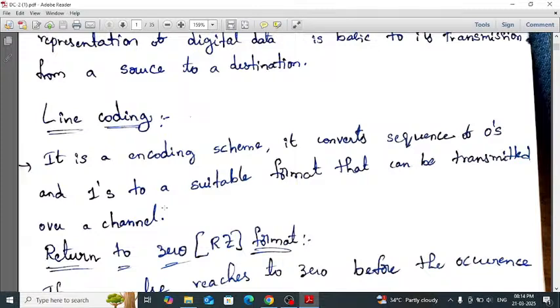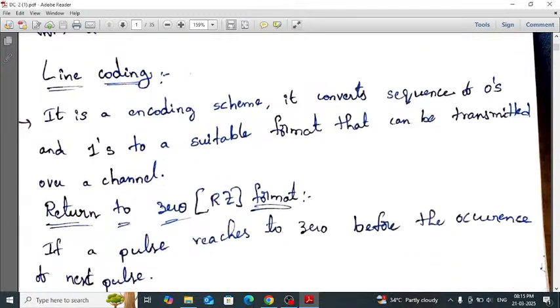So the suitable formats we have for the digital data to send through a channel are called line coding techniques, which are also called discrete PAM signals, digital formats, or discrete formats. In this basically we have two types, return to zero format and non-return to zero format. Basically the first 3 line coding techniques are divided into 2 types, return to zero and non-return to zero. So what is meant by return to zero and non-return to zero?